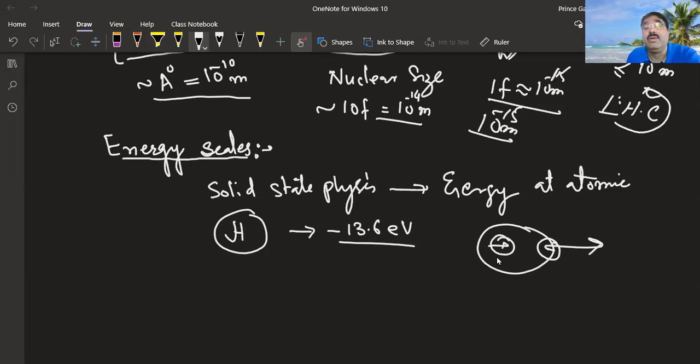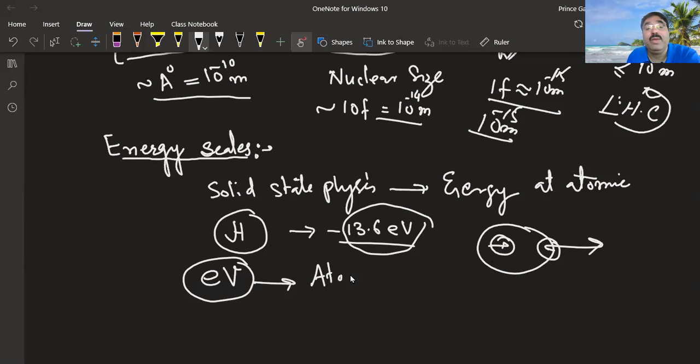You want to get this electron out, you need this much of 13.6 electron volts of energy. So inside atoms, electrons are bound by energies of the order of electron volts. So electron volt is the energy scale that is relevant for atoms. Okay, so atoms have electrons bound to them, and these electrons are bound with typical energies of few electron volts, right?